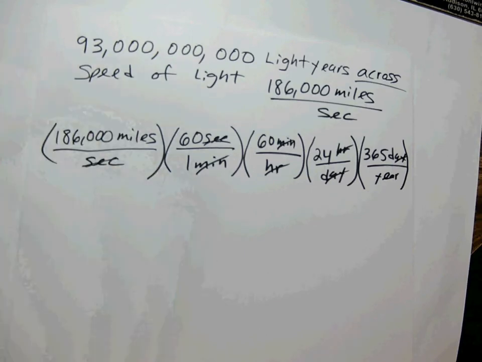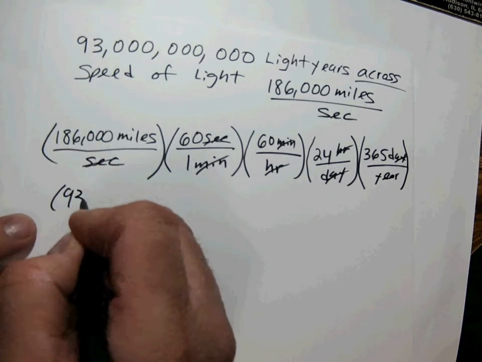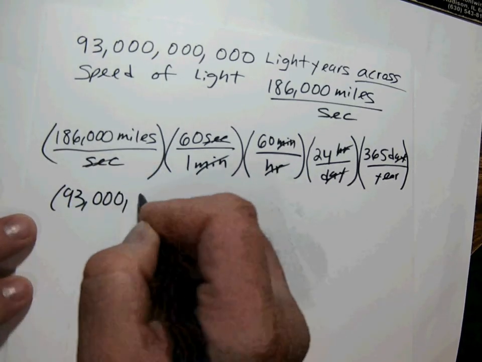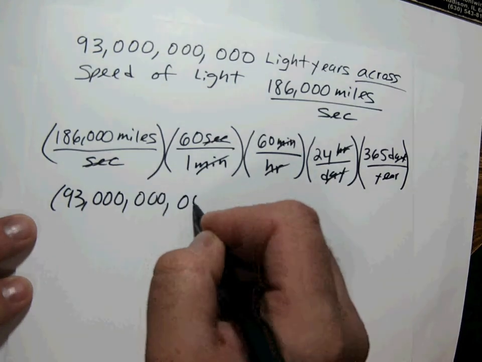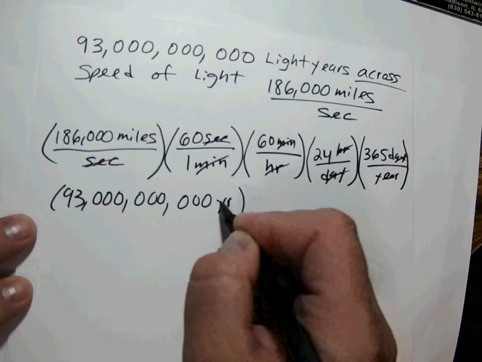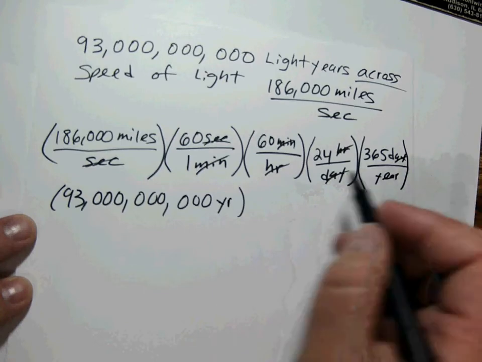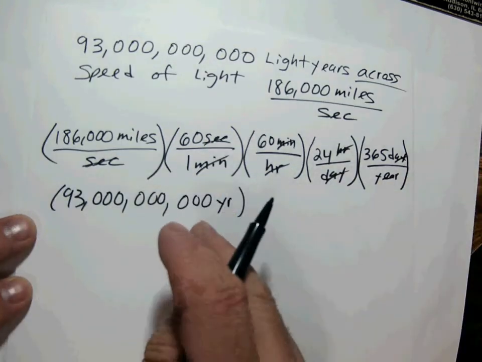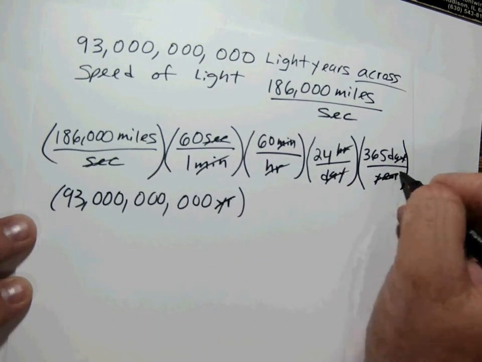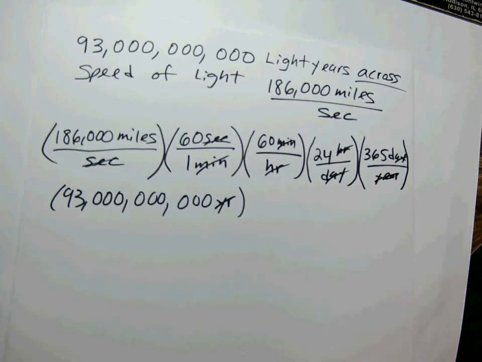Now I'm going to multiply by 93 billion years. Bear with me, I've dropped down to the second line, so this is a numerator and that's a denominator. The years cancel, and the only unit left on the board is miles, and that's what I'm trying to find. Let's crunch all these numbers and see what happened.